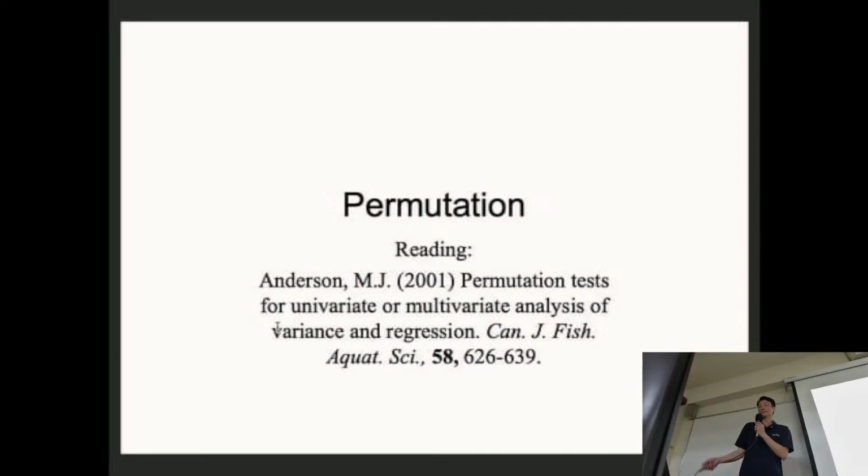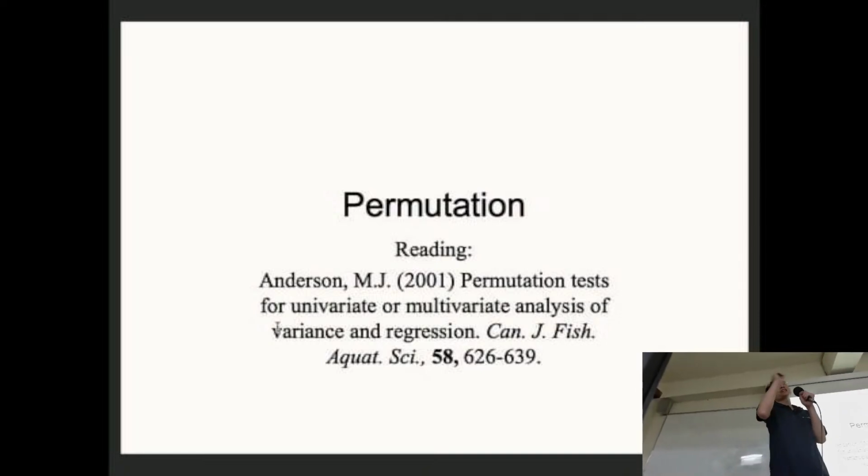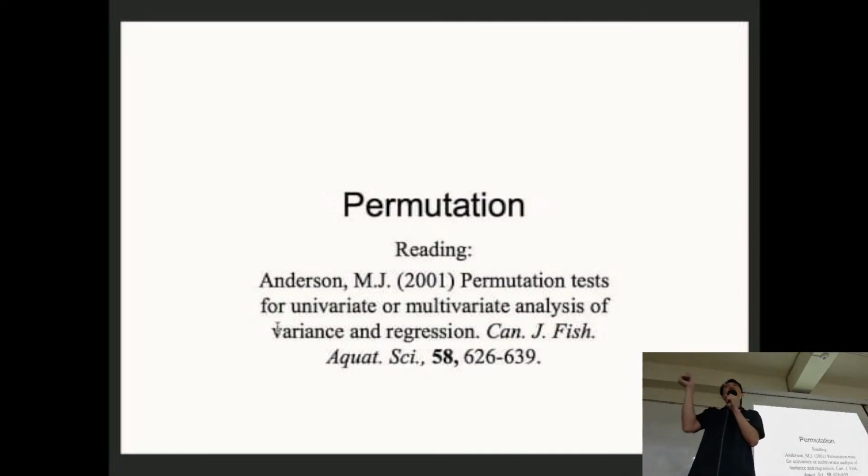Okay, today we will talk about a completely different approach to do the hypothesis test. It again uses some kind of random number concept, but this is a very different idea from the previous topic.